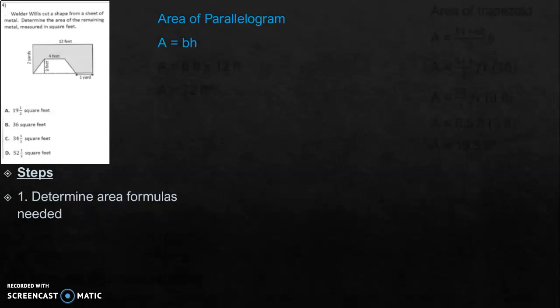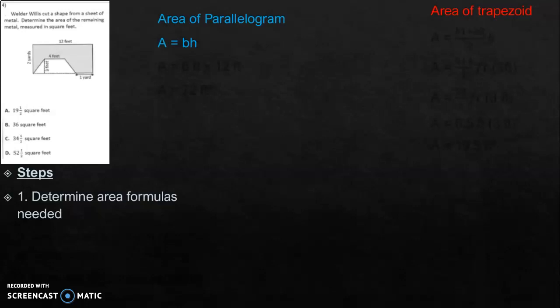And then the other shape we have here, we notice is the area of a trapezoid is what we're going to need. Okay, so keeping in mind that our original equation is base times height, notice here that technically this does look like a parallelogram, maybe even a rectangle, but one side is smaller than the other side, right? Well, we can utilize the same equation, but we need to modify it.